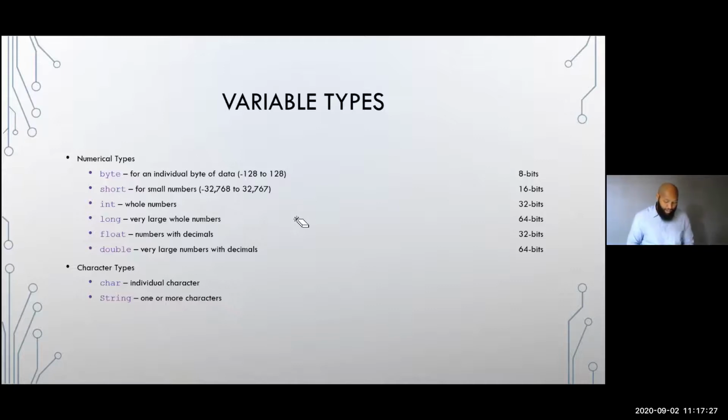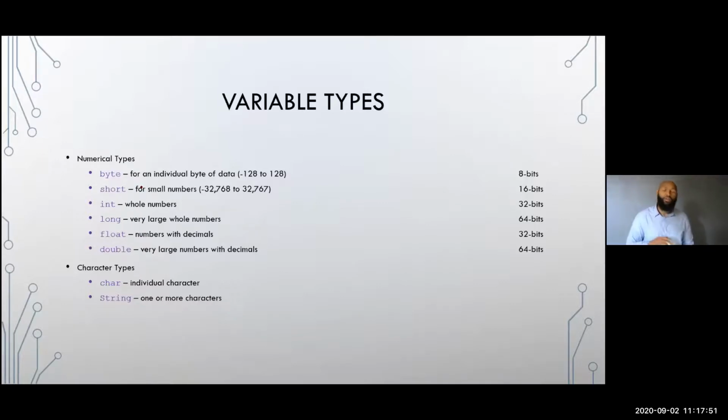The first one is a byte. It's a very, very small number, only between -128 and 128. Next is a short, again, for small numbers. An int is for whole numbers, and it always rounds down. A long is for very large whole numbers.